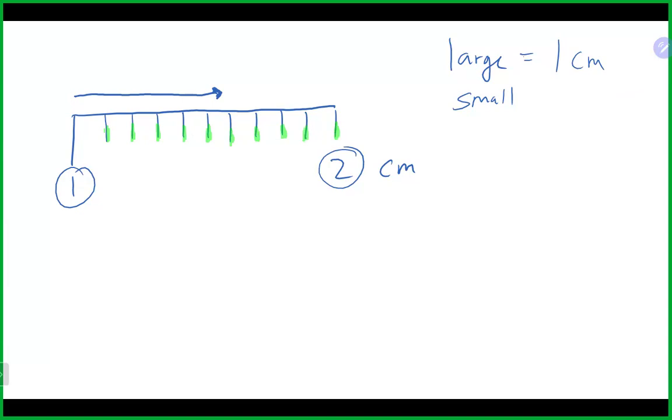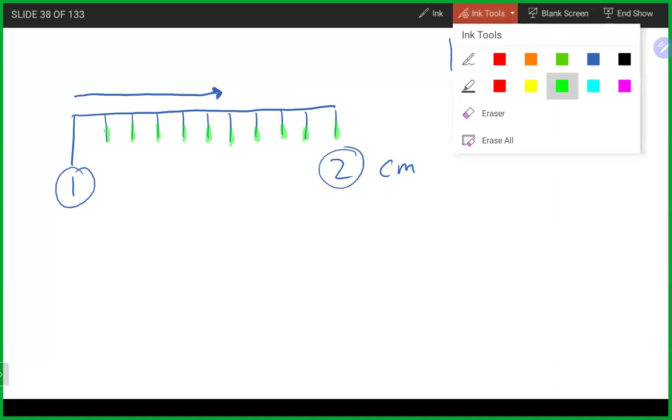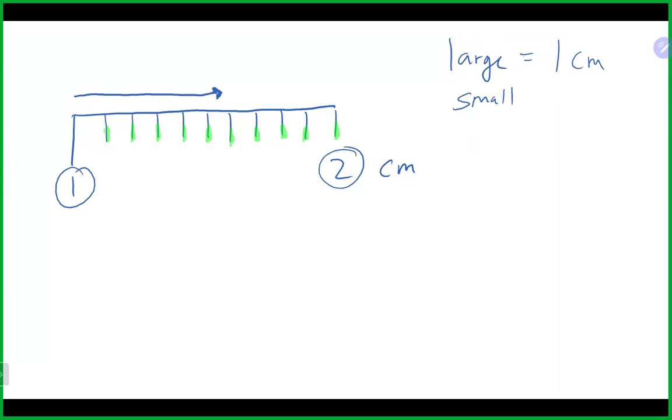So that would be 10 markings between our large markings. That means each of the smaller markings in this case represents how much? There's 1 centimeter and there's 10 little markings between them. Each one represents 0.1 centimeters.